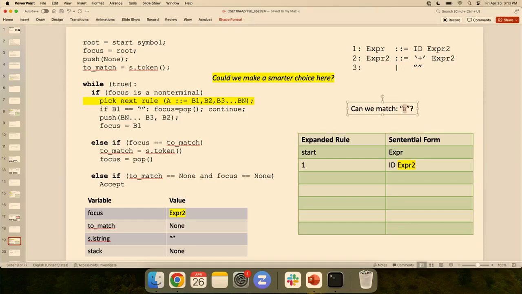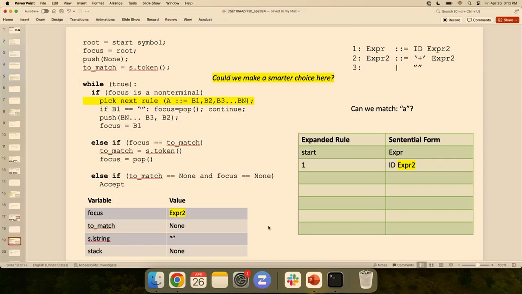And now that A is matched, that's all of our strings. So the next thing we have to match is none. The lexer is over. So because we know that we have to match none, we don't want to pick rule number 2, because if we pick rule number 2, that's saying we have to match a plus next. We have no more pluses. We have no more characters. So this is telling us, intuitively, we as humans can see that we want to pick rule number 3 there.